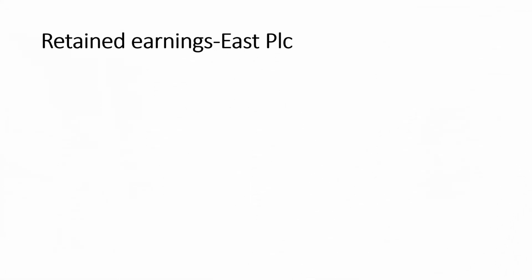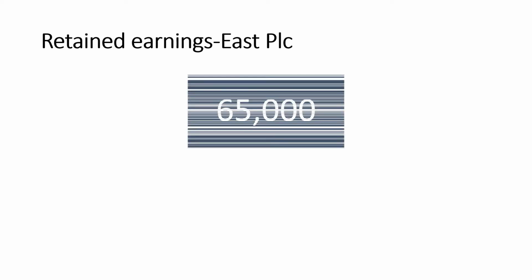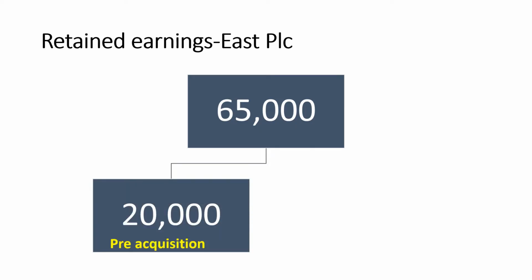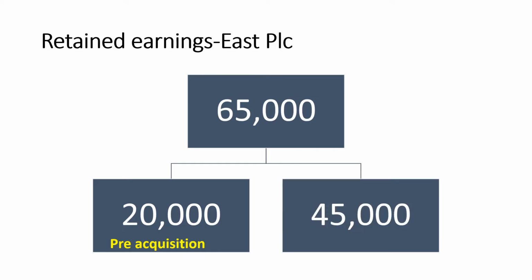Based on the information, let's analyze the retained earnings of East PLC. According to the statement of financial position, East PLC has 65,000 in the retained earnings, and it says that 20,000 is the pre-acquisition, which means the balance 45,000 is relating to the post-acquisition profit.